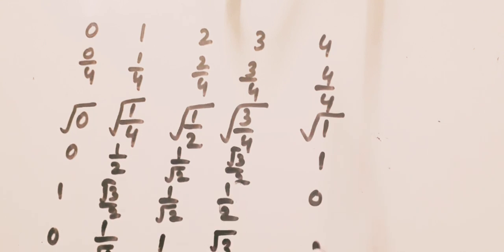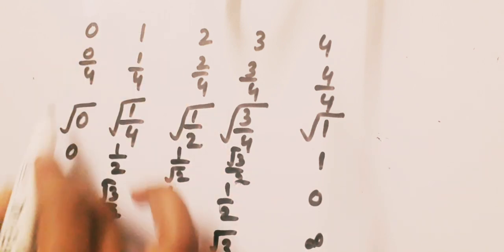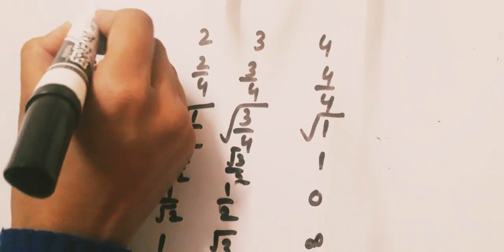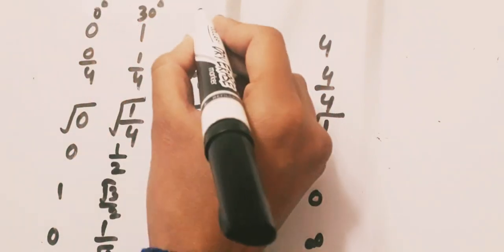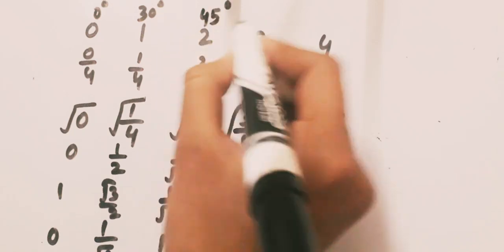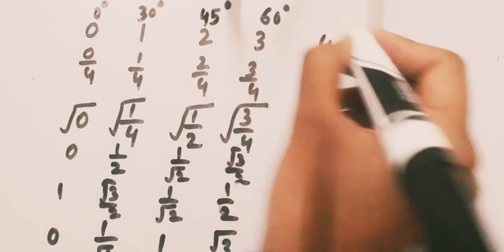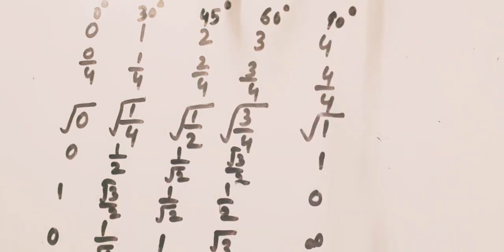This is equal to square root 3 and 1 by 0 is undefined. Now these are the values at 0 degree. These are values at 30 degree. These values are at 45 degree. These are at 60 degree and these are at 90 degree.